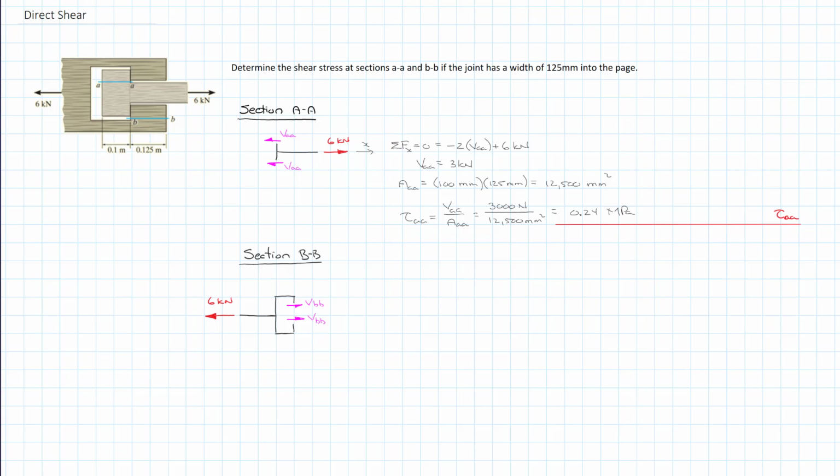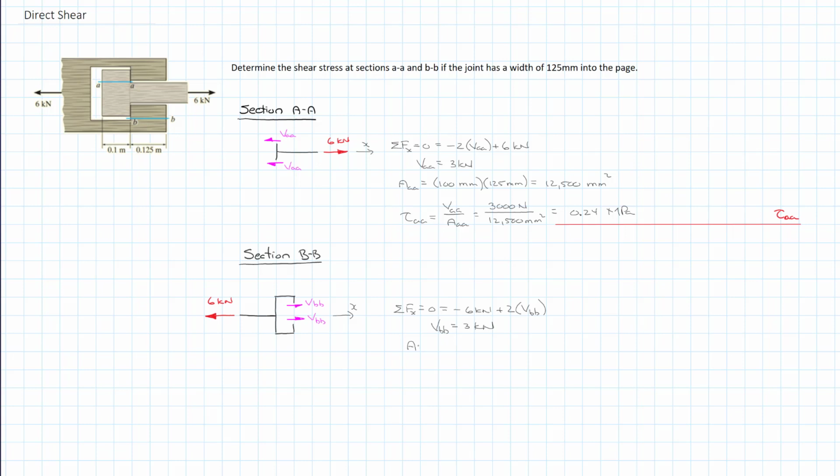And we'll identify X. We'll do our sum of the forces in the X direction equals 0. So that's equal to negative 6 kilonewtons plus 2 times VBB. And like VAA, we see that VBB, of course, is equal to 3 kilonewtons.